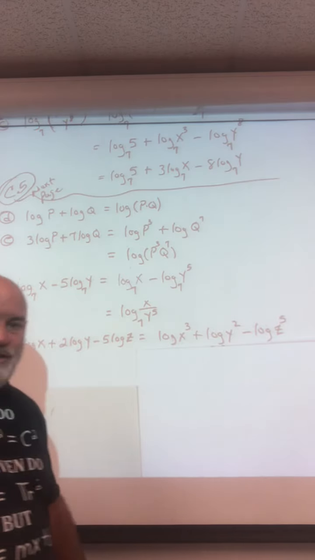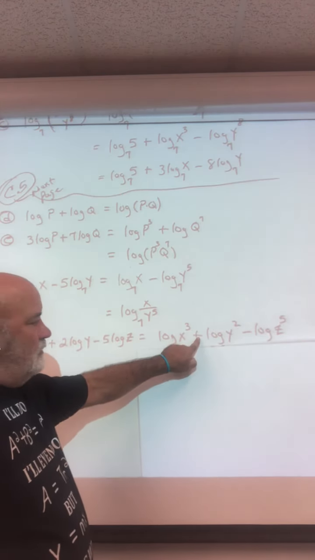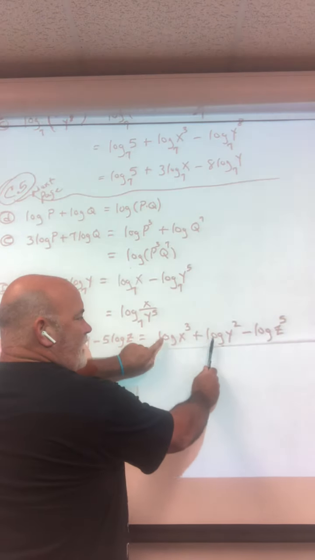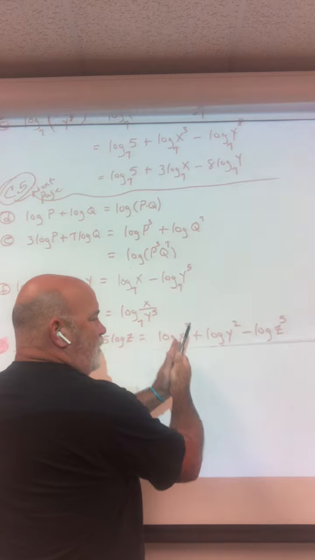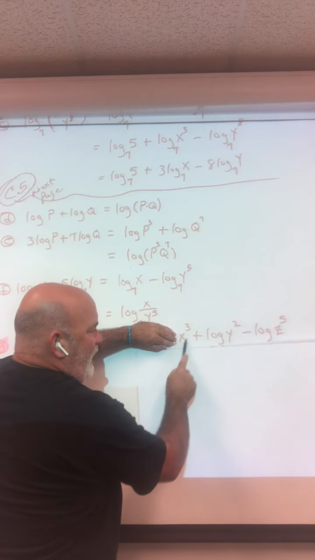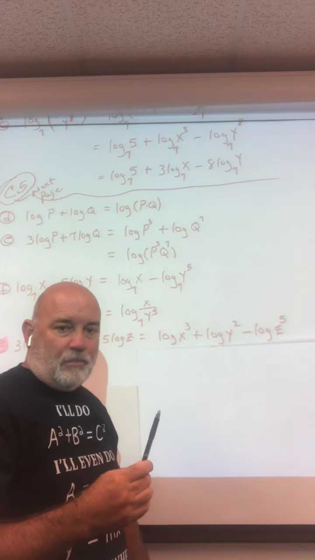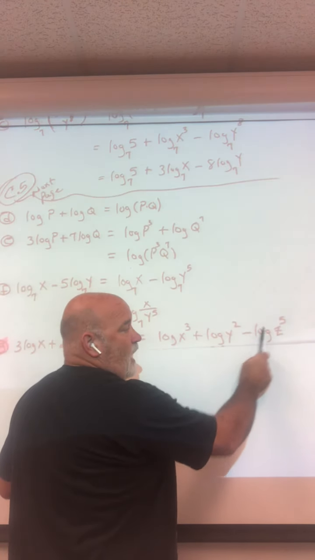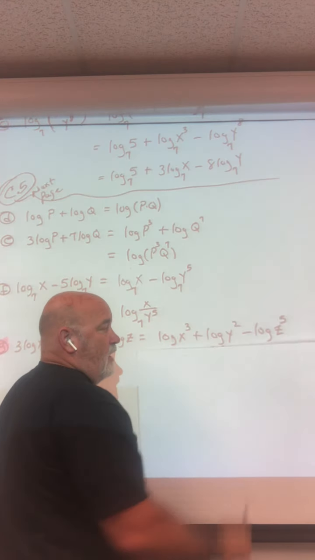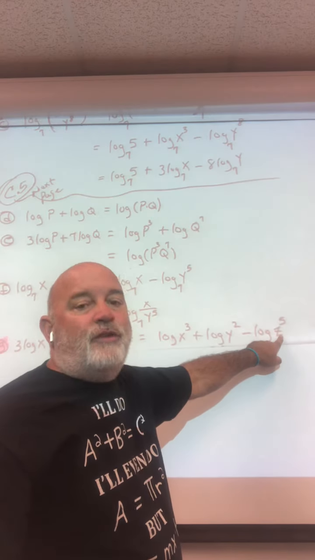Now, I'm going to do this all in one swoop right here. All right, look at what we're doing. We're adding 2 logs. If you're adding 2 logs and you put them together, what do you do to that x^3 and that y^2 when you put them together? You multiply. But along comes this other log that we're subtracting. So when you're subtracting a log, what do you do to that? You divide by it.